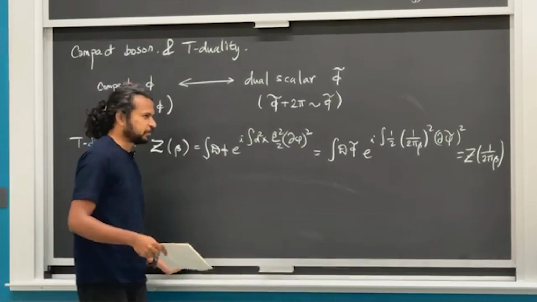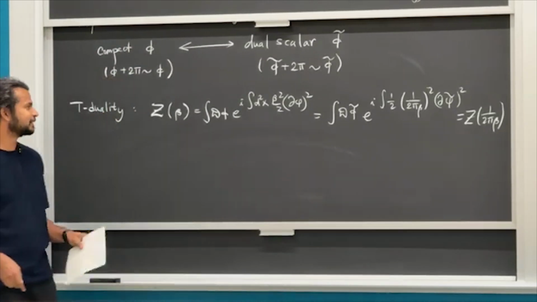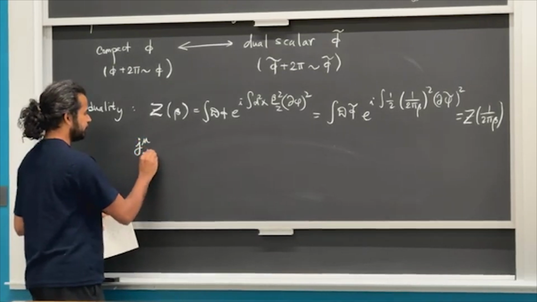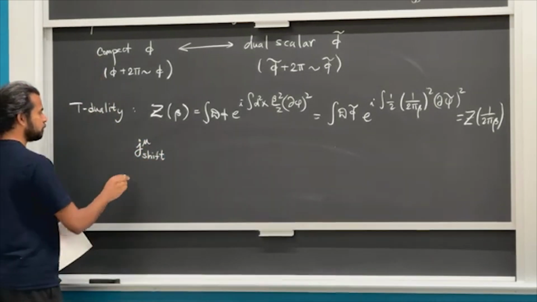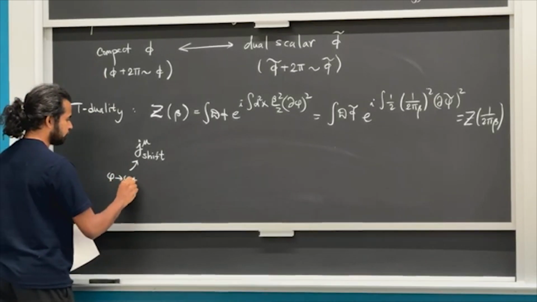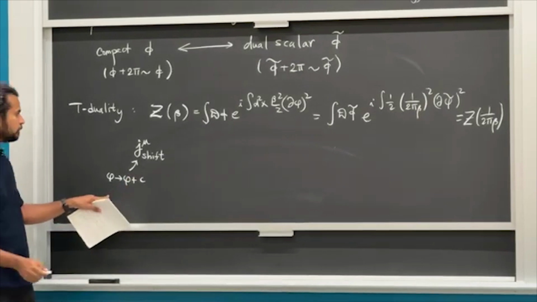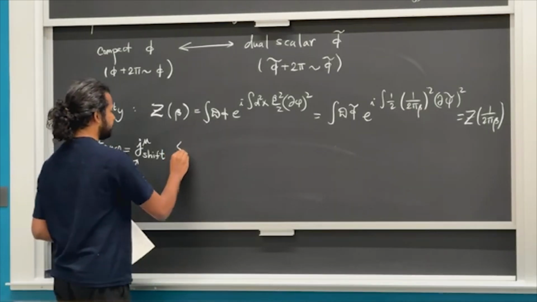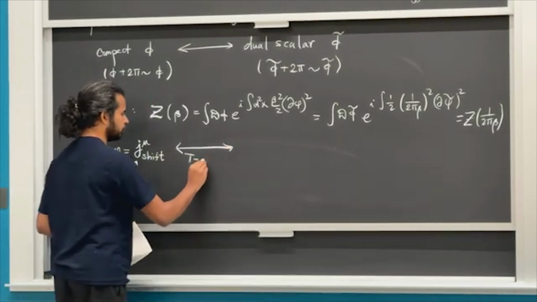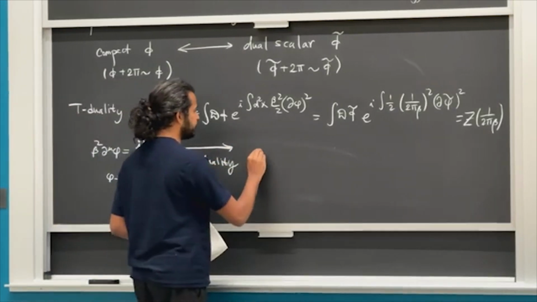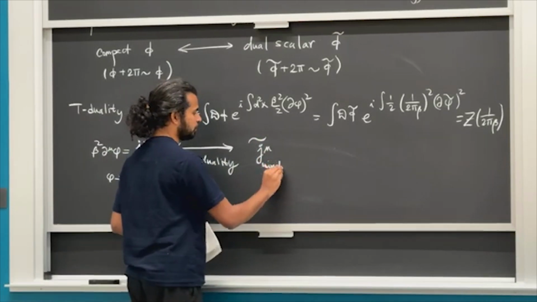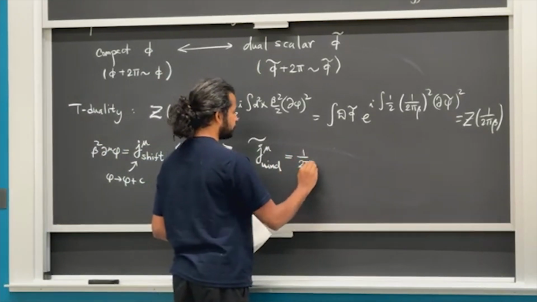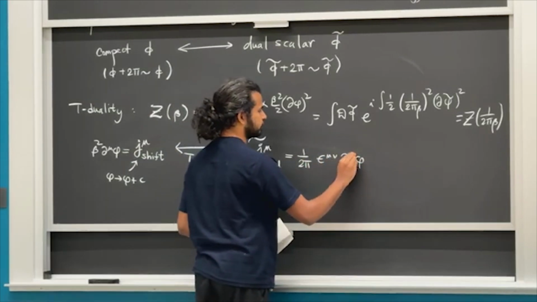This I did not derive, but it's not hard to derive. In fact, I leave it as an exercise that you can see that J, the conserved current of the compact boson, coming from the symmetry of shifting by a constant, gets mapped under T-duality to the winding current of the compact dual scalar, and the winding current was 1 by 2 pi epsilon mu nu d nu phi tilde.